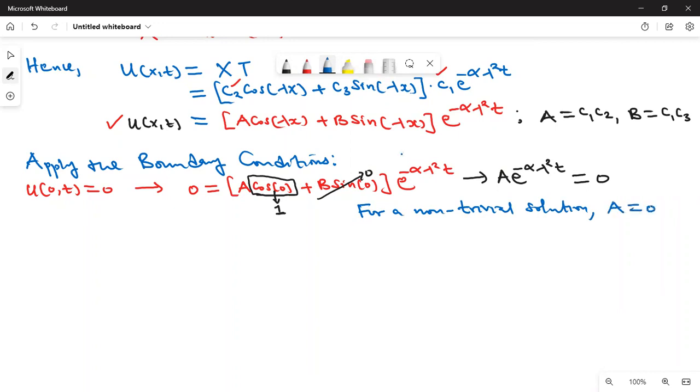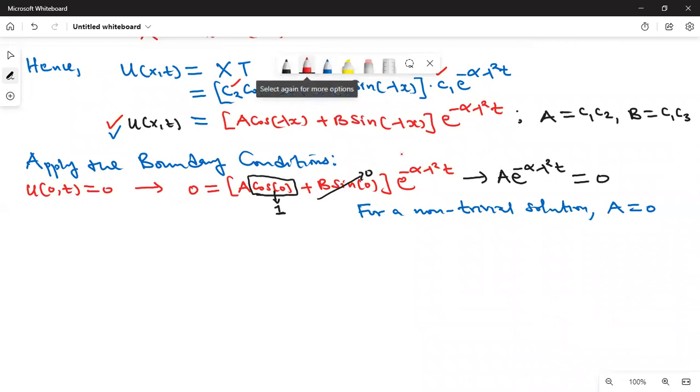Remember, if you say exponential negative alpha lambda squared t is equal to 0, then when we substitute it here, we are going to get u of x equal to 0, which is a trivial solution. So for a non-trivial solution, a must be equal to 0.